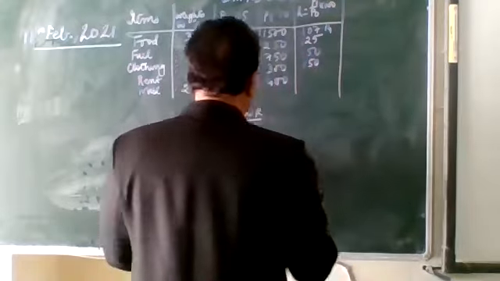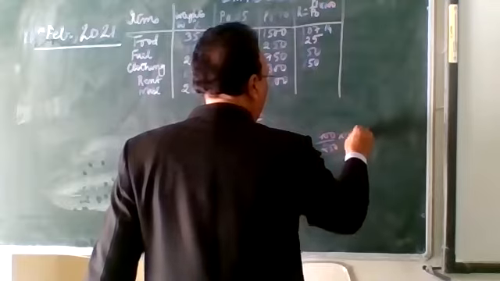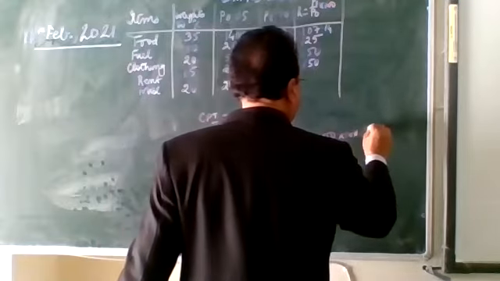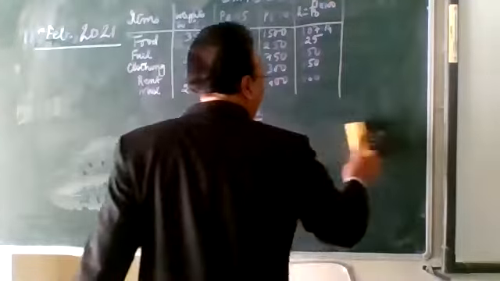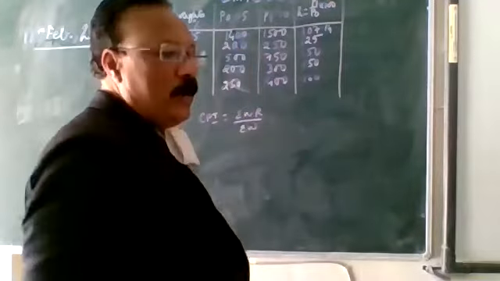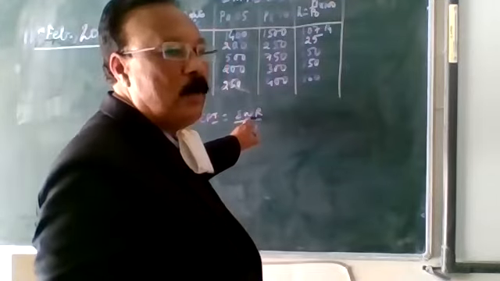And the last one is 400 upon 250 into 100. This gives you 4000 upon 25, that is equal to 160. R is found out. Now what we need is to multiply it with W, the weight.